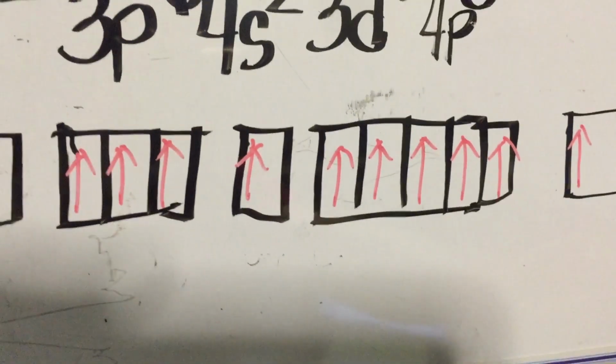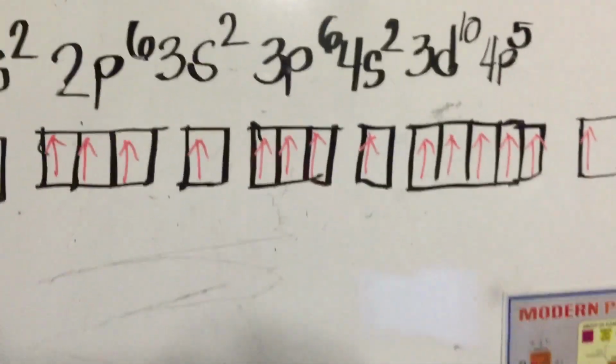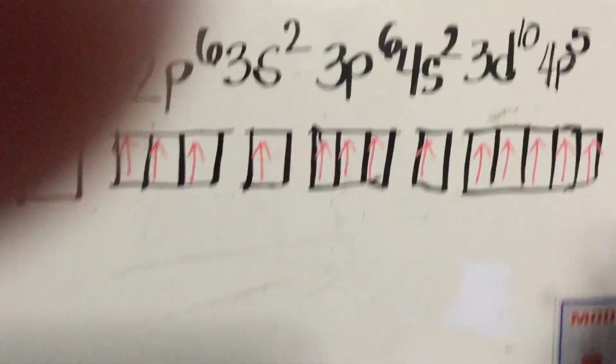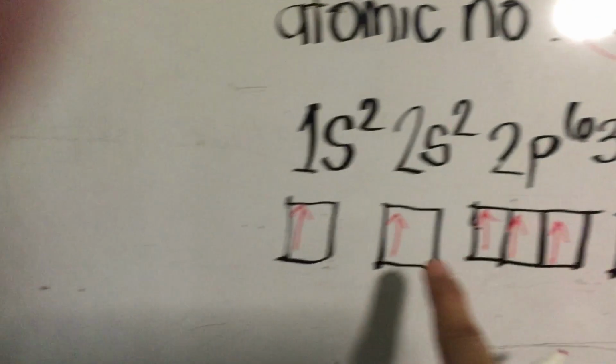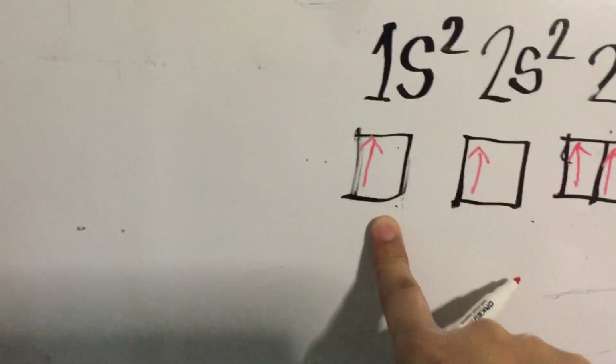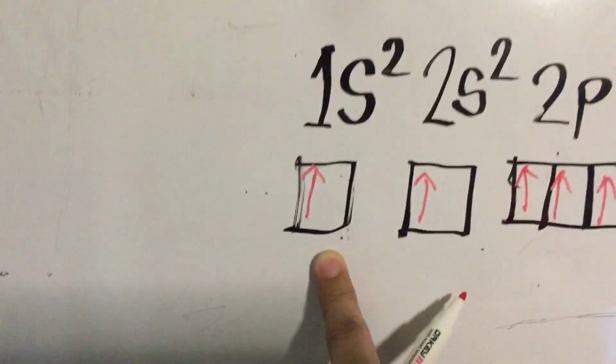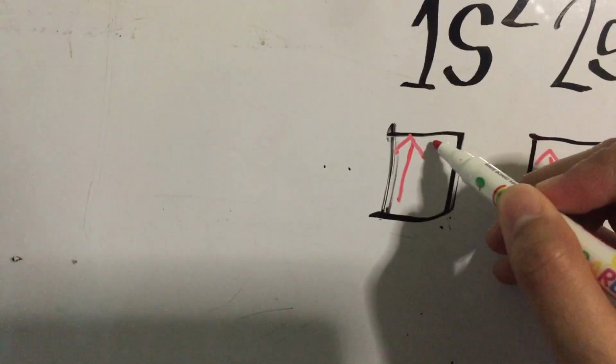So dahil nalagyan na natin sila isa-isa, kasi singly occupied daw muna bago lagyan ng partner, hanggang dyan, balik na tayo sa first. Okay, this time, opposite spin. Apply natin yung opposite spin. So kung yan ay up, dapat ito ay down.